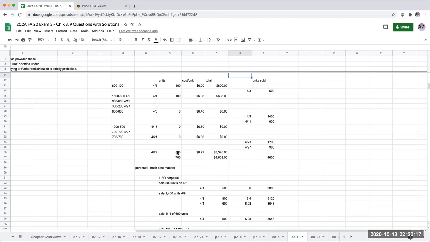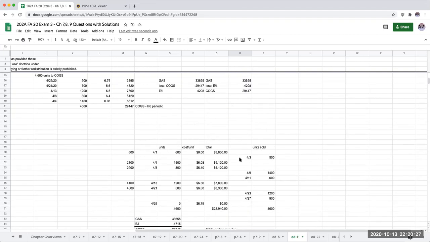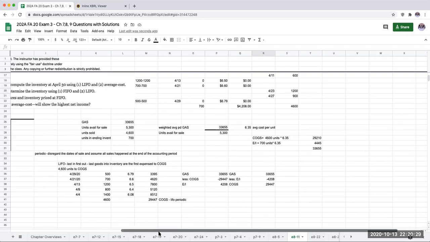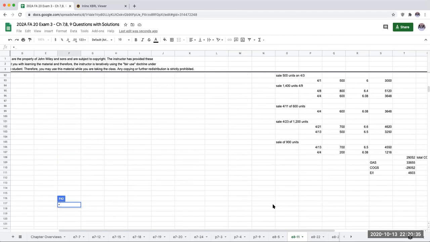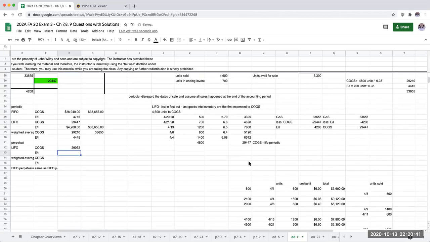So under LIFO Perpetual, I would never touch this because it's perpetual and it happened after the last sale date. So I probably should have approached this problem a little bit differently, but I think it was important to show you how to go through and to handle LIFO cost of goods sold under the perpetual method. Okay, so it's a very important step.